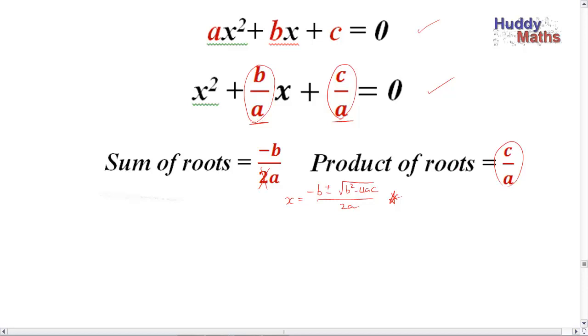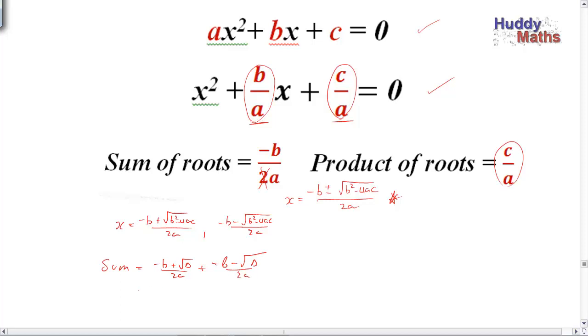Now, watch me do it. So the two roots are negative b plus the root of b squared take 4ac, over 2a, and negative b take the root of b squared take 4ac, over 2a. So the sum would be negative b plus the root of the discriminant over 2a, plus negative b take the root of the discriminant over 2a.